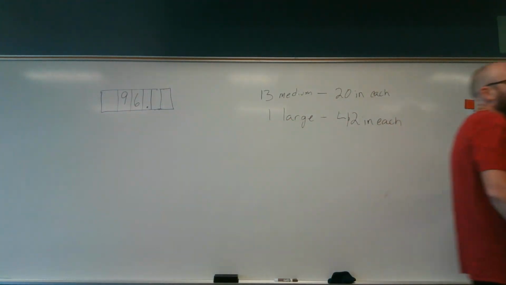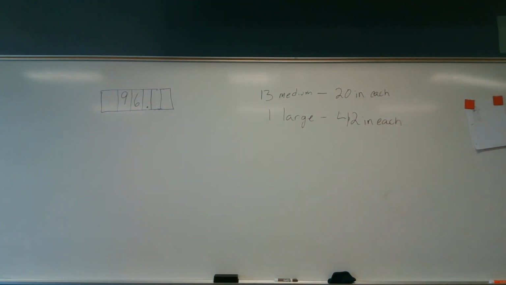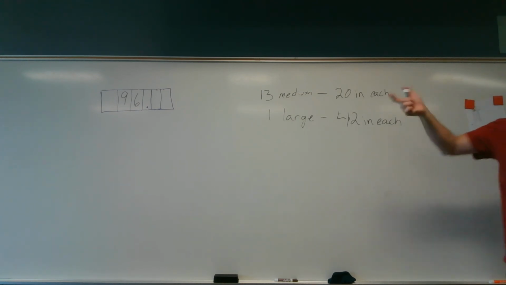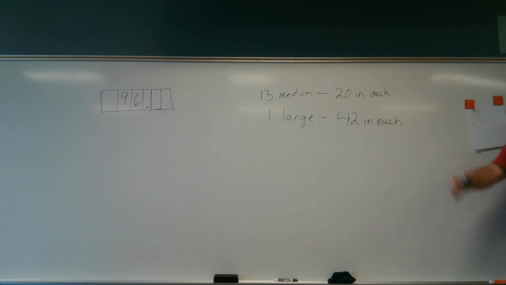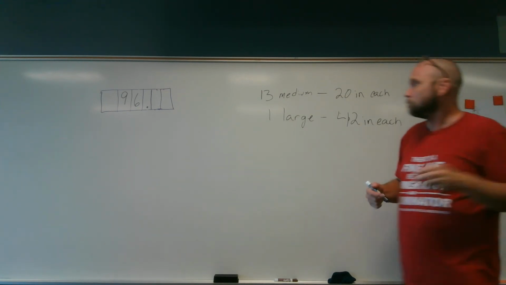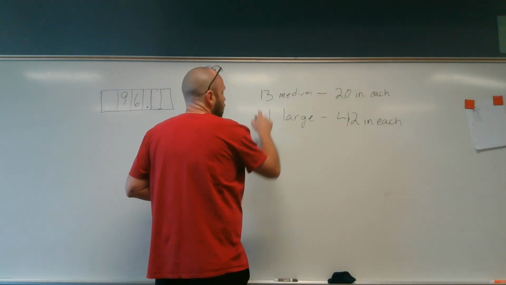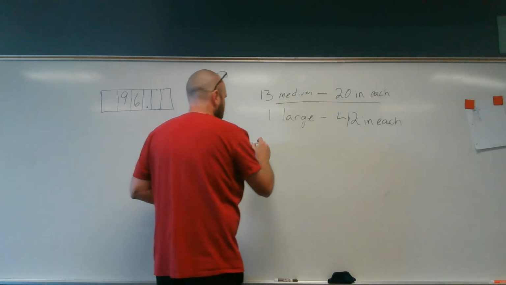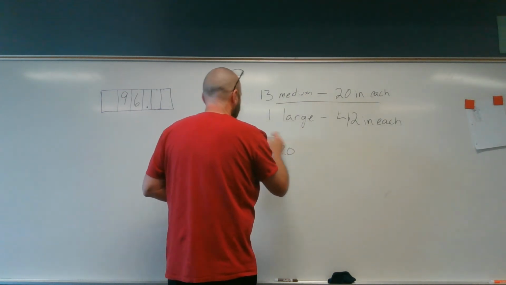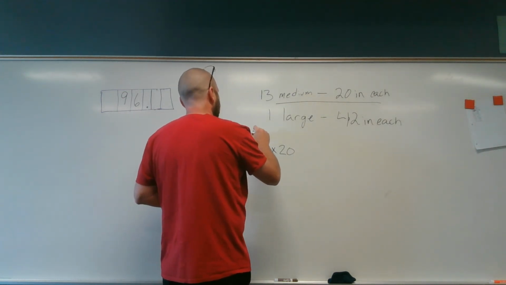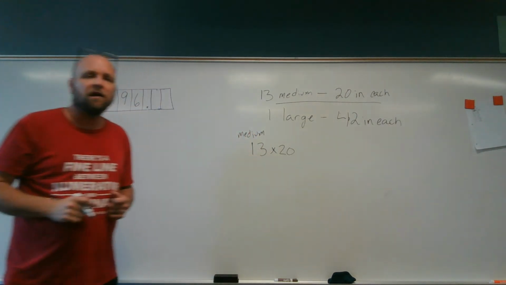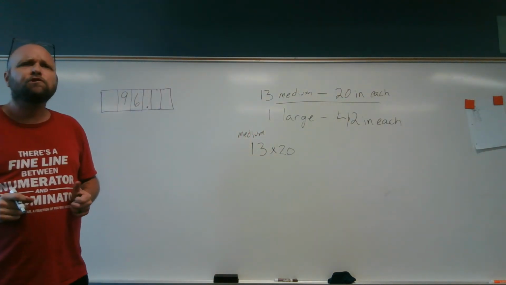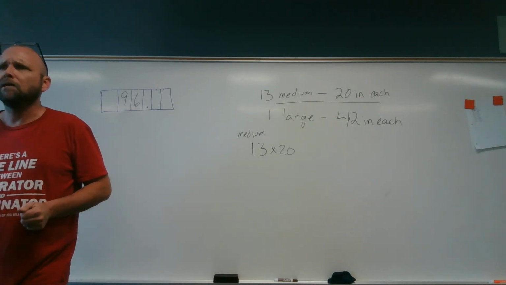If I want to know how many candies she has total in the medium bags, how would I find that out? 13 times 20. This is going to tell me the medium bags.